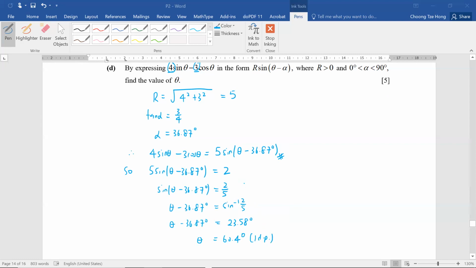Some of you are wondering why I didn't find the basic angle and then find the angle in the second quadrant. I won't find the angle in the second quadrant because there's no point. If I find an angle in the second quadrant, it will be more than 90. So if this angle is more than 90, then I bring the 36.87 over, it's going to be more than 100.